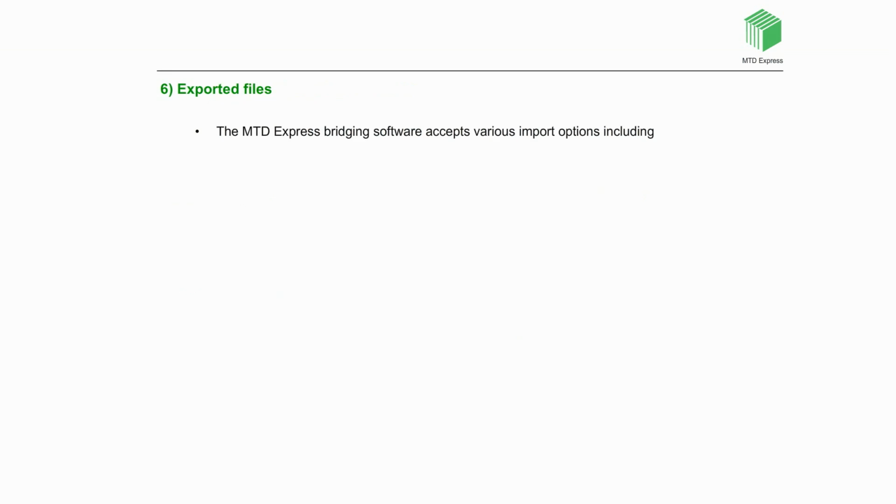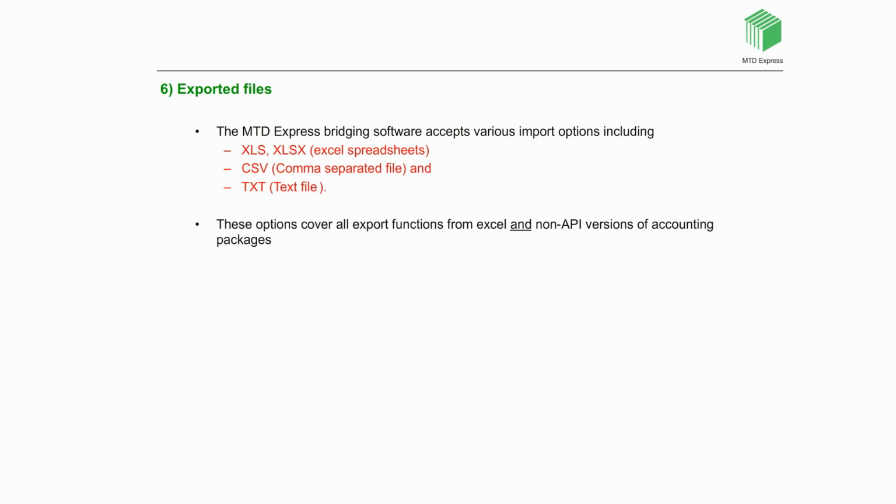The MTD Express bridging software accepts various import options, including XLS or XLSX, the Excel spreadsheet export functions, CSV, comma separated file, and TXT, text file. Now these options cover all export functions from Excel and non-API versions of accounting packages.